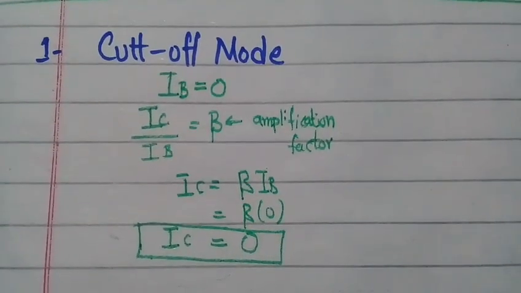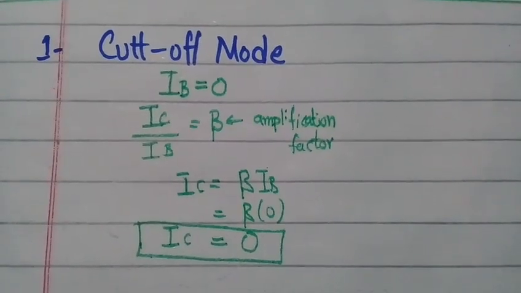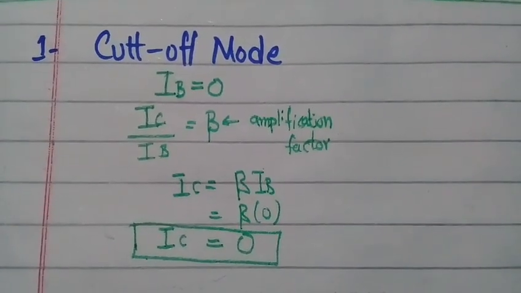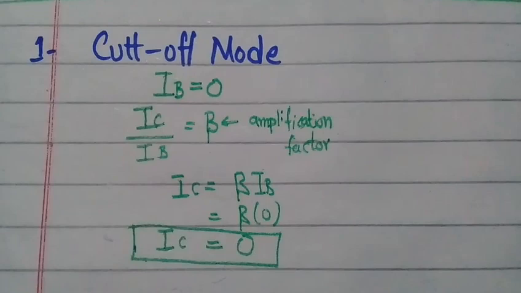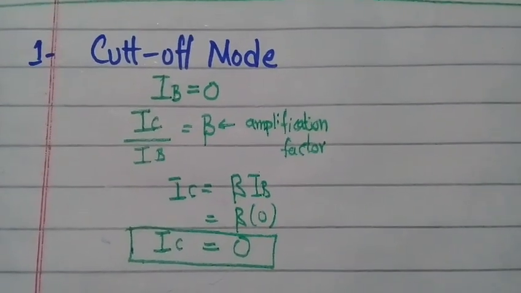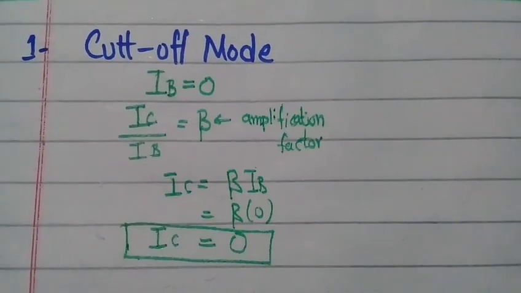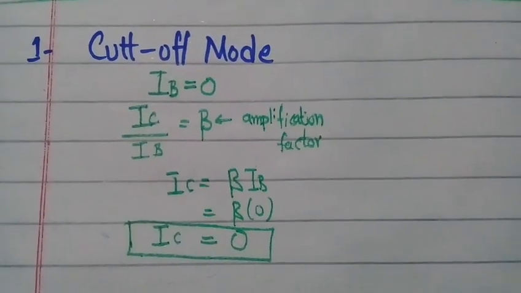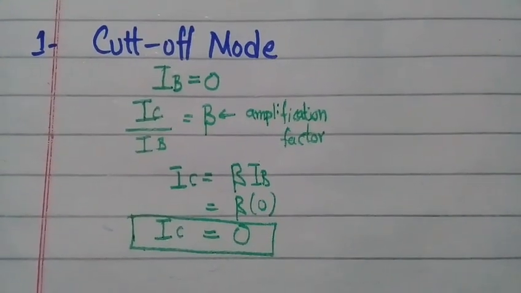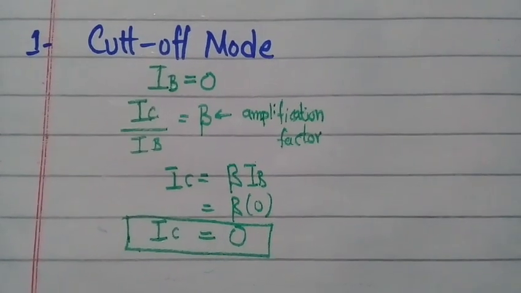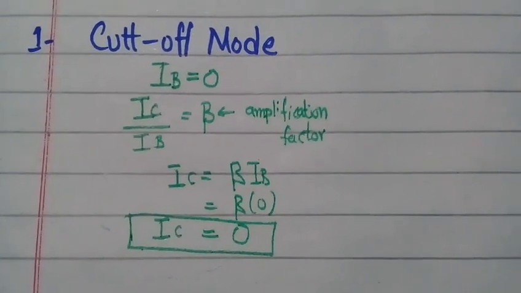As we have already known, the output characteristics of a transistor are drawn between IC versus VCB or VCE in common emitter or common base configuration. When IC is equal to 0, this mode of operation of the transistor is called cutoff mode.